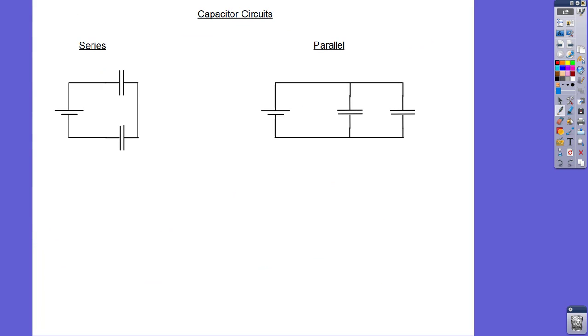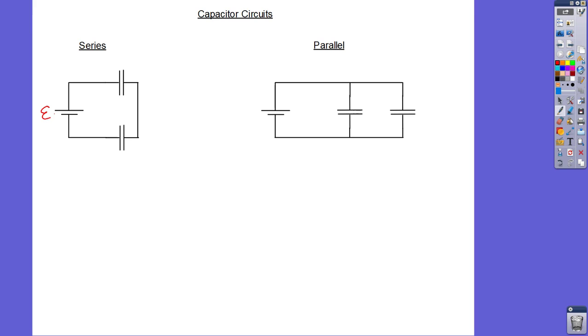Okay. Now capacitor circuits, we have series and parallel. Okay, so very quickly, again we have an EMF here, although sometimes they just talk about a voltage V. It kind of depends.